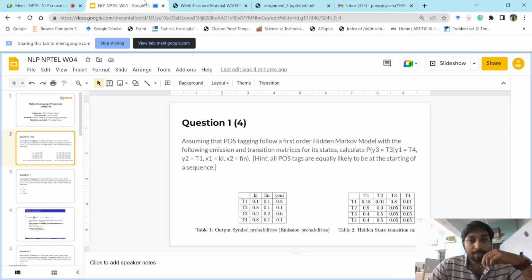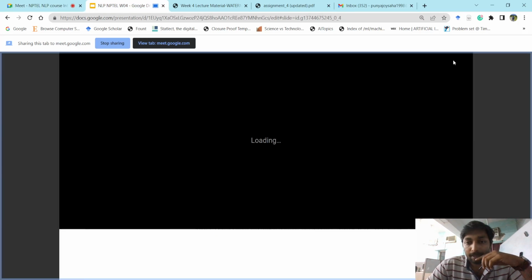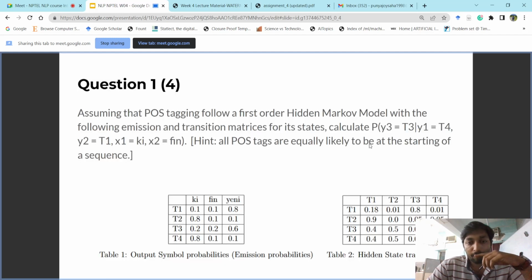So here we are presented with a question which is about hidden Markov model. Since the entire discussion will be around it, let us first discuss a bit about what is hidden Markov model.